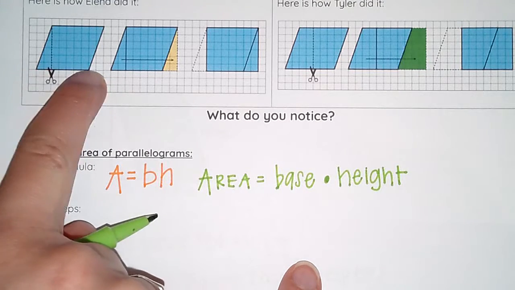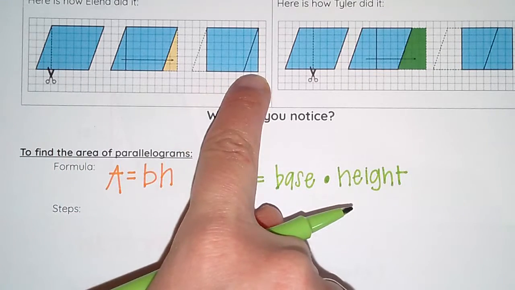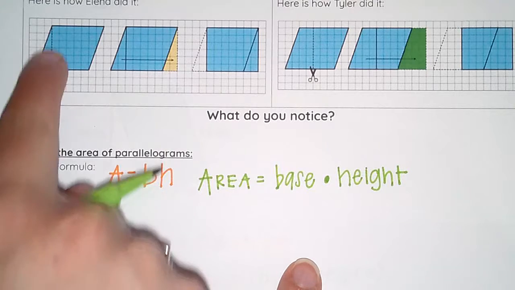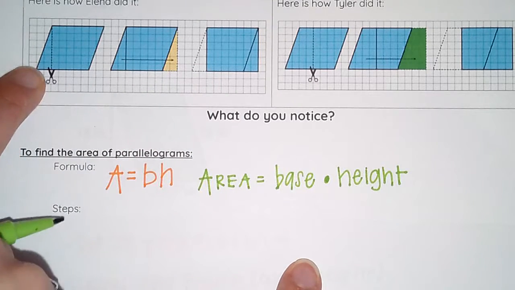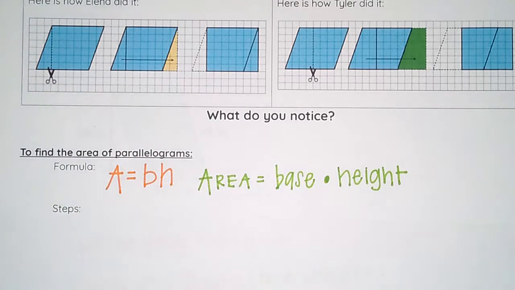So this base is the same as this base, and the height is at that 90-degree angle from our base.